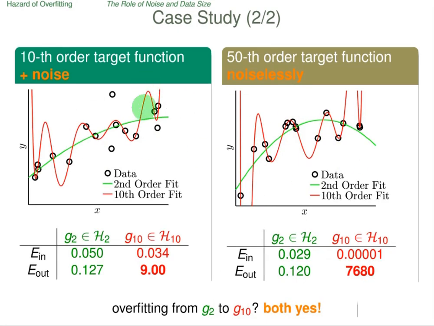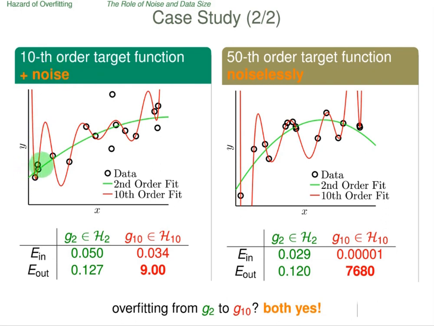So now once we train our second order and 10th order polynomial on the data points that were generated by the 10th order target plus noise and the 50th order polynomial noiseless, we obtain the following hypotheses. This is the 10th order polynomial fit on the data that has been generated by the 10th order target function, which is noisy.